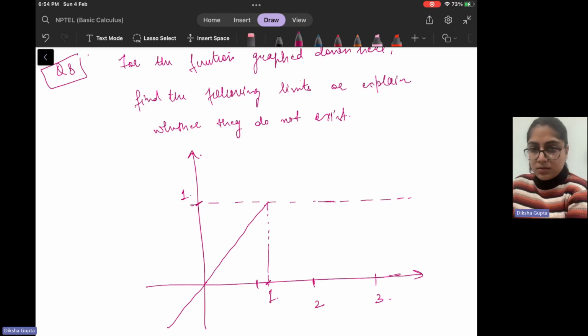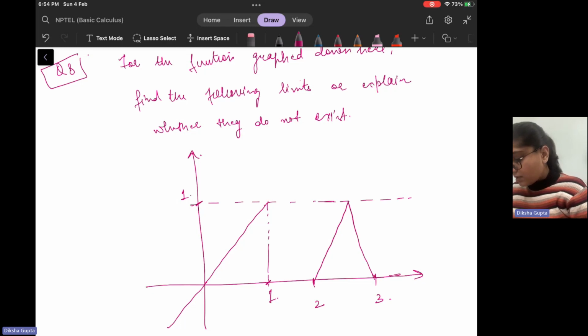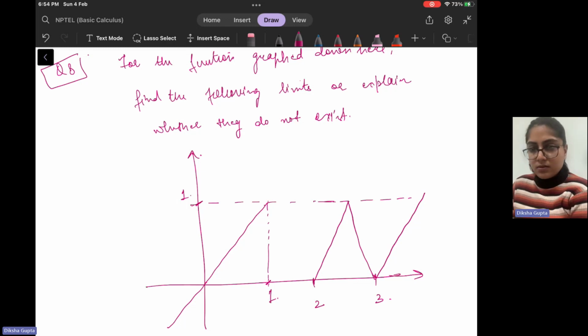Okay, then between 2 and 3 we have the graph to be something like this. Okay, and then we have something like this.